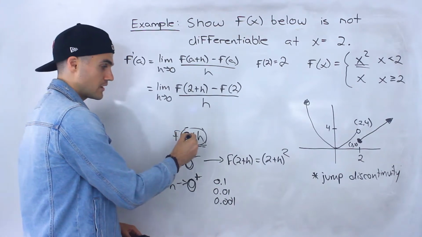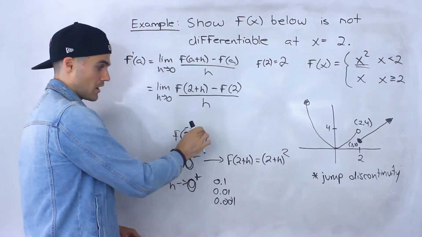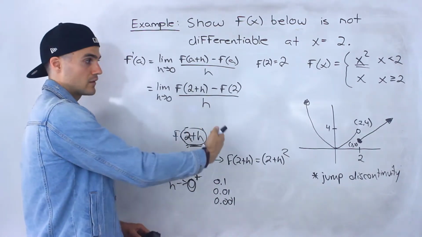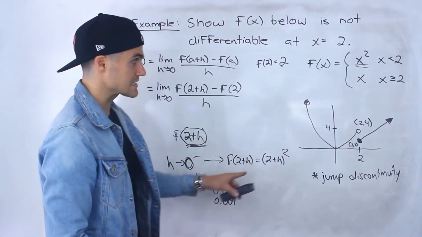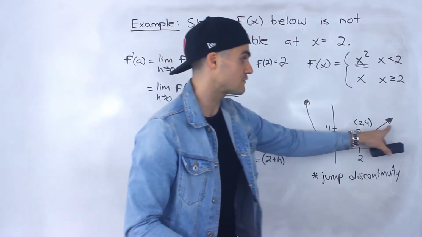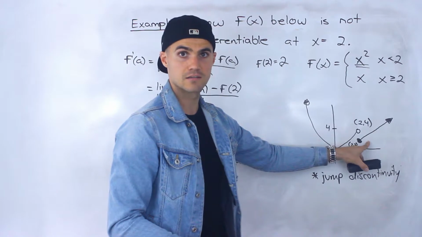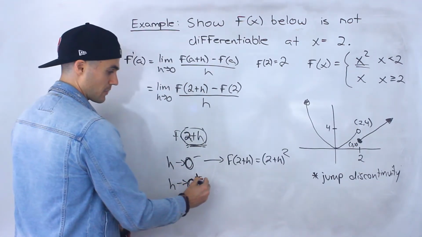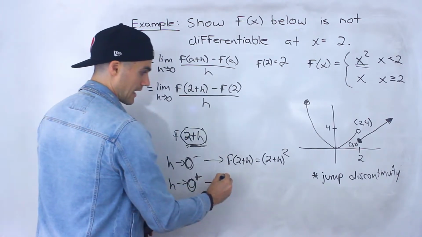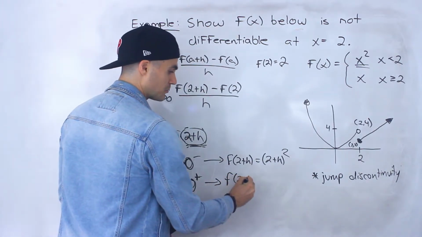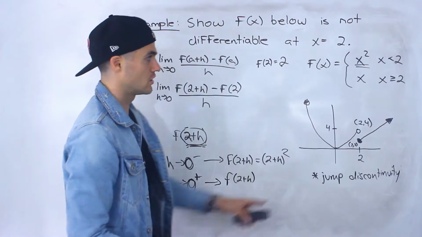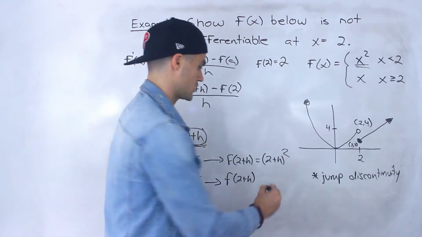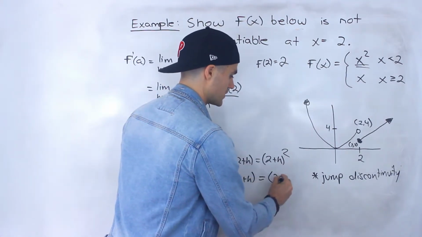Here we're going to have 2 plus a very small positive number, which means it's going to be greater than 2. Which means that it's going to be defined by this function here, this x, right? And so as h approaches 0 from the positive side, f of 2 plus h, we would plug in this 2 plus h for this function here, which is just going to be 2 plus h.